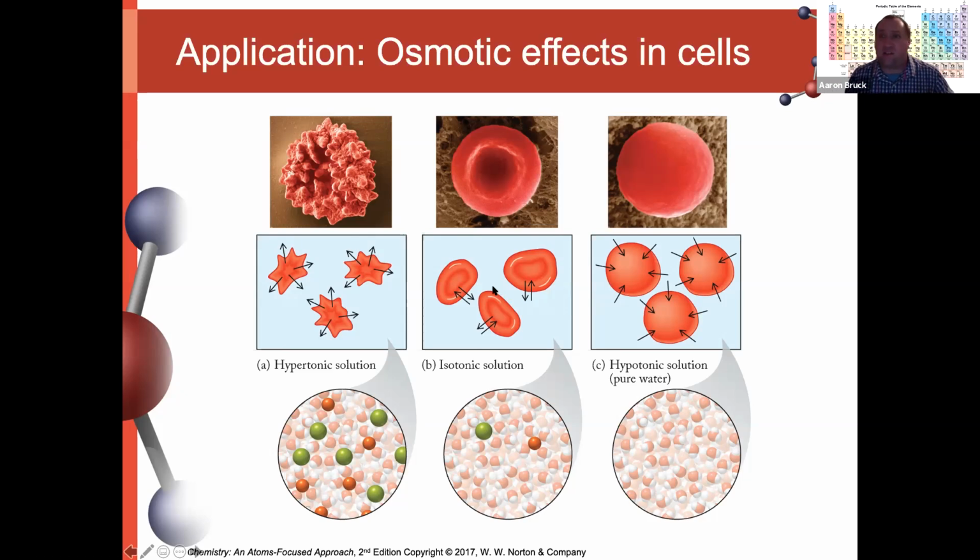By contrast, if you were given a solution that was too salty, had too much dissolved in it, this is known as a hypertonic solution. What you would see is that water would start to rush out of your cells to try to dilute the excess solution around them, and try to go back to this isotonic state.